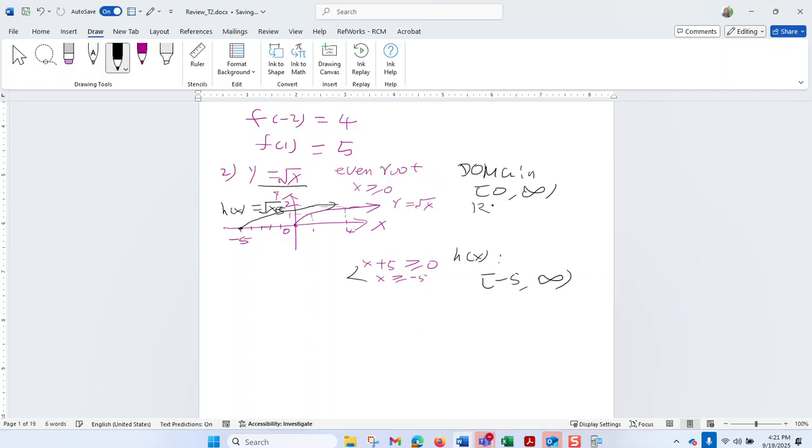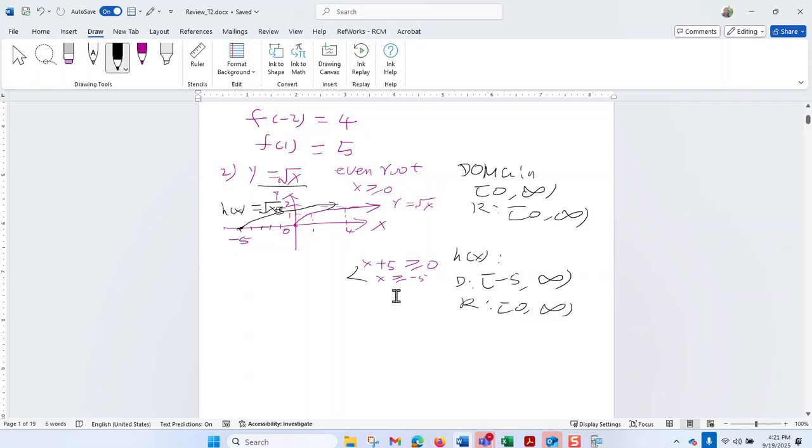But the range is the same. This range is from 0 to infinity, and this range is also from 0 to infinity. The y values all start with 0 in here. So range is the y value, and domain is the x value. So yes, that's the domain and range in this case.